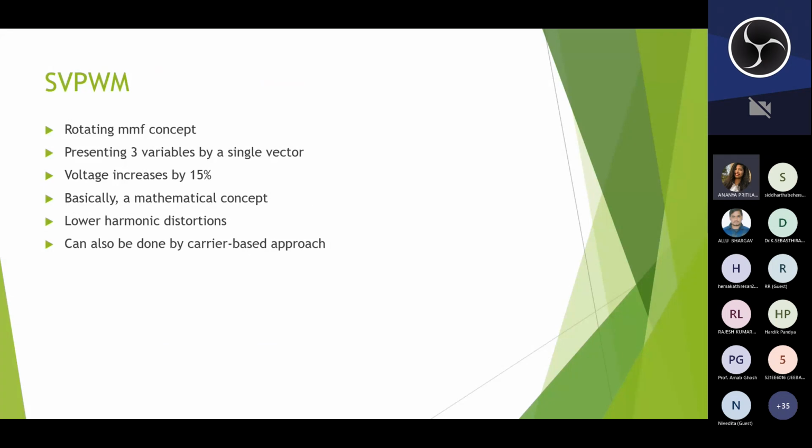So, these are some of the basic advantages of SVPWM, which is why we are going for SVPWM rather than any other techniques.